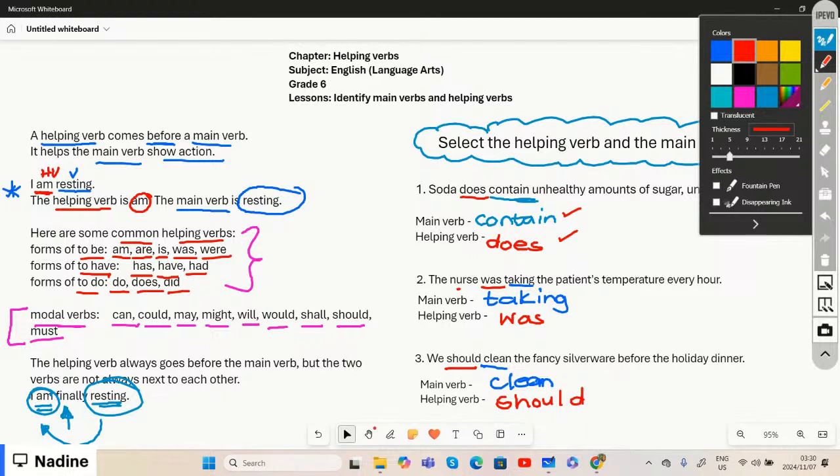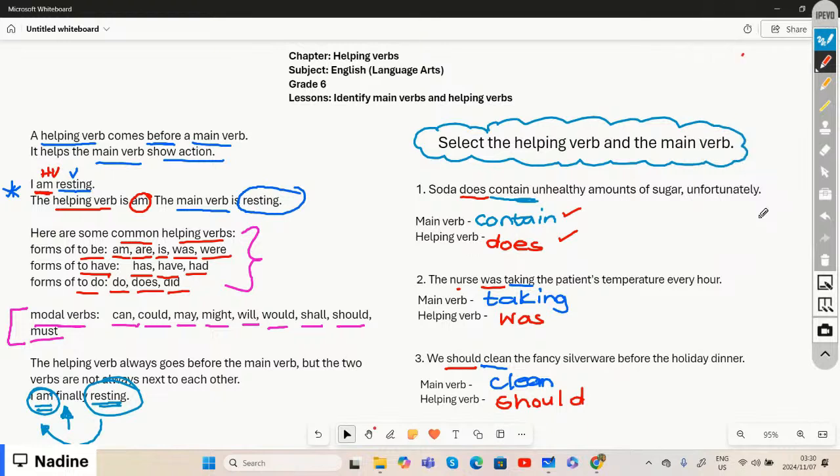All right. So these are our helping verb as well as our main verb. I said the main verb is the action within a sentence, and the helping verb helps the main verb to show the action within a sentence, right? All right.